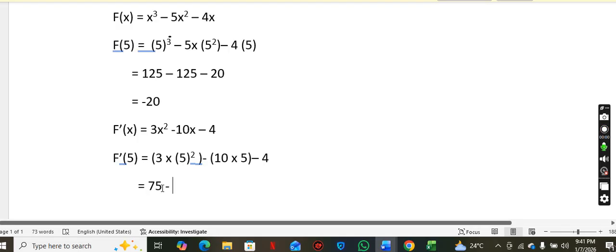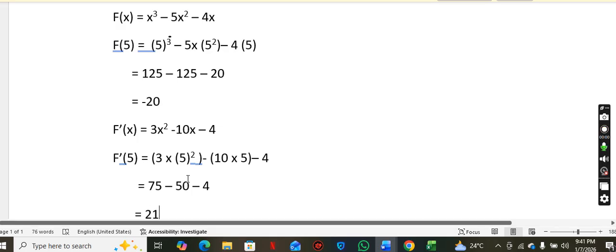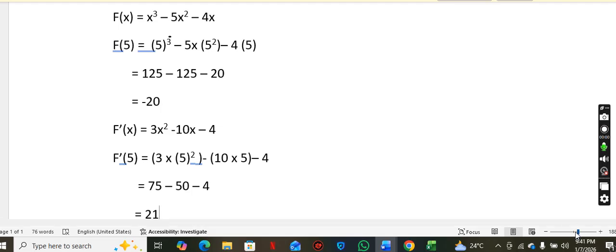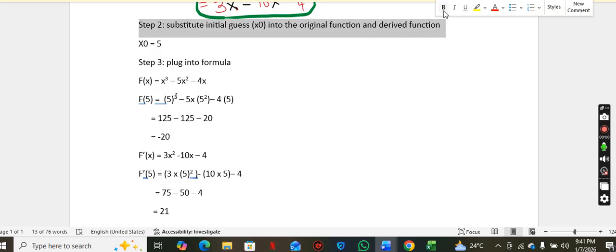Minus 10 times 5, that is 50. Minus 4. 75 minus 50, that is 25. 25 minus 4, that is 21. So we are done with step 2. Substitute into the original function and the derived function.